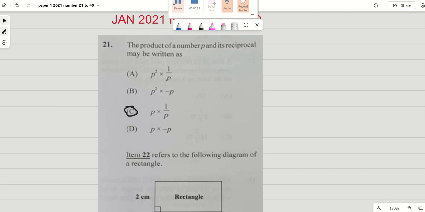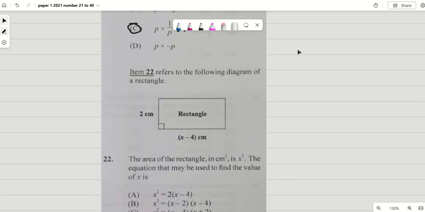So if you multiply p by minus p you will not get 1, but p multiplied by 1 over p would give you 1. So C is your answer.